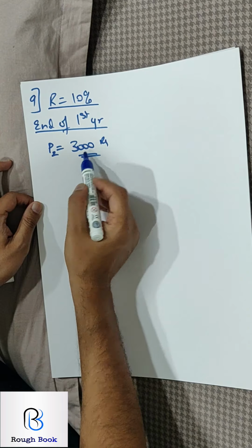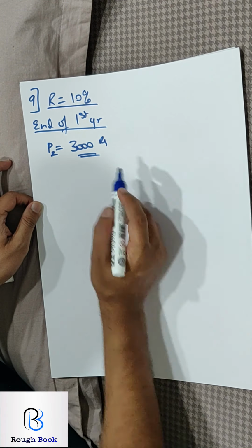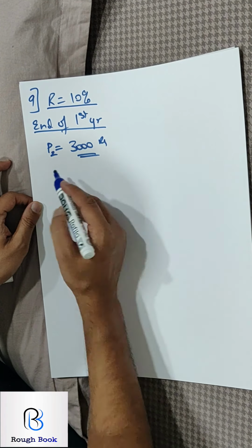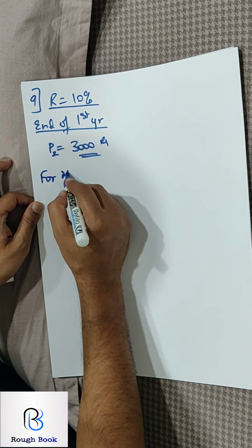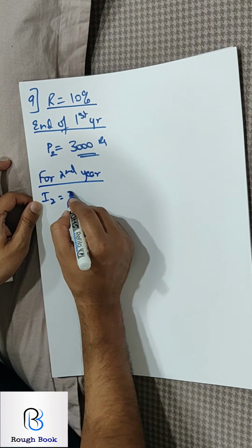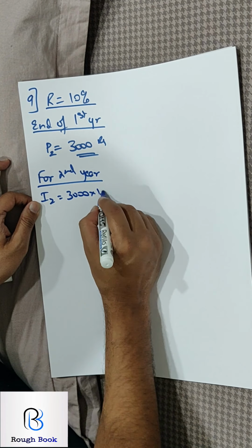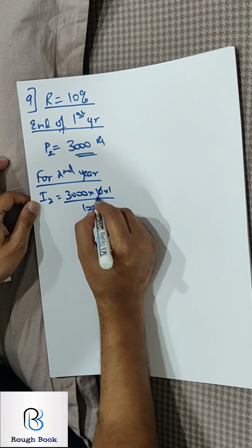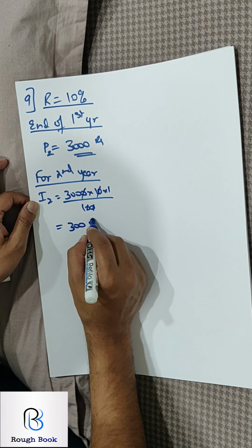If you started this right from the first year, you will mess up the question. So first year nothing, no interest. Directly I'll have to start with the second year. My I2 will be 3,000, 10%, so that should be 300 rupees.